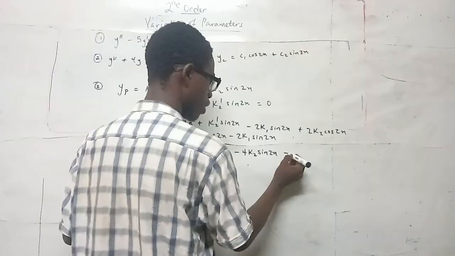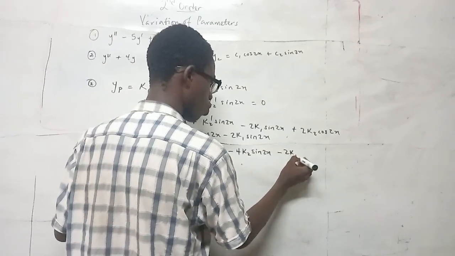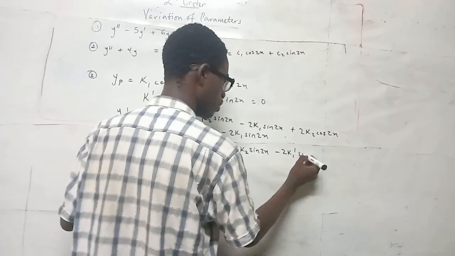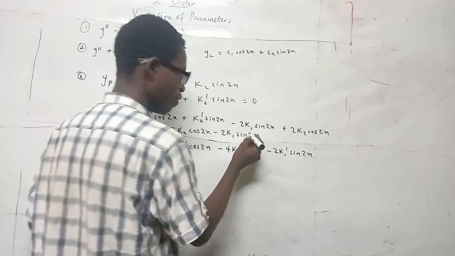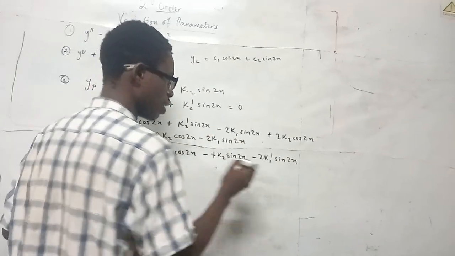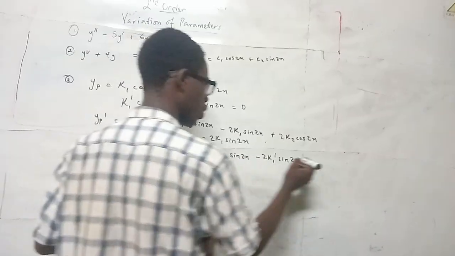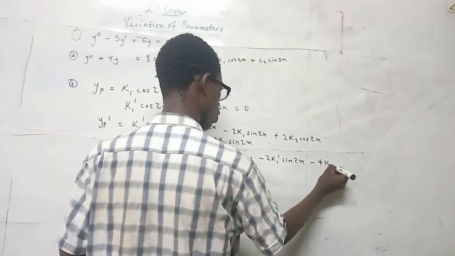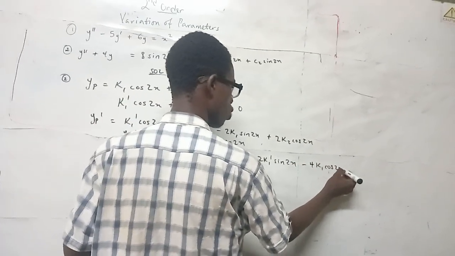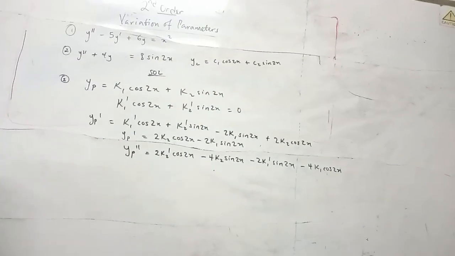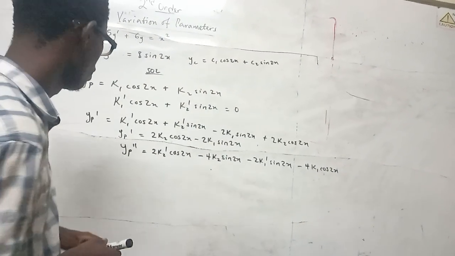Differentiating the next one gives us minus 2k1 prime sine 2x. If I differentiate sine 2x, it will not change the sign, minus 2 will come out, minus 4k1 cos 2x. Okay, so I've differentiated my yp double prime.